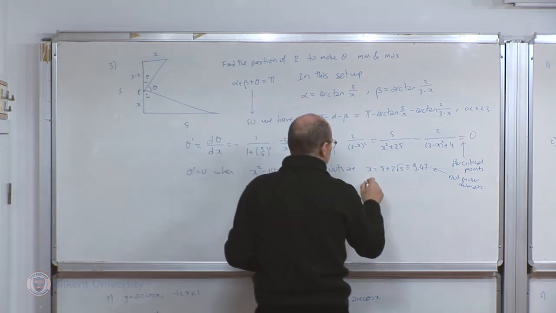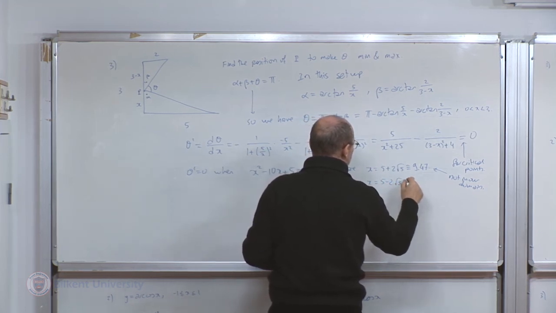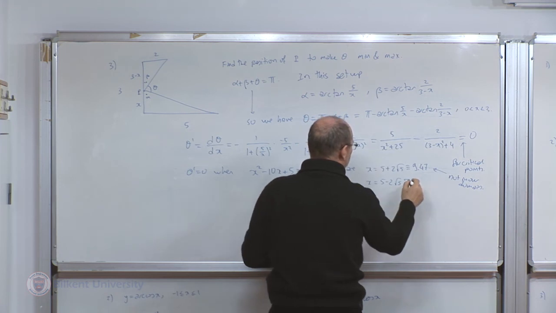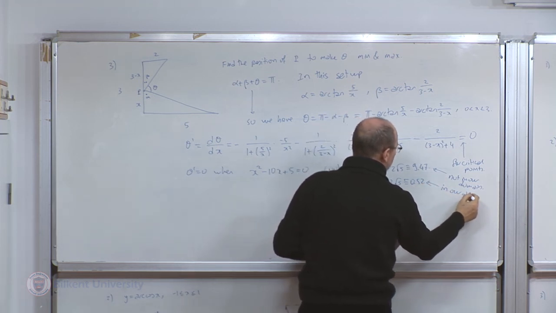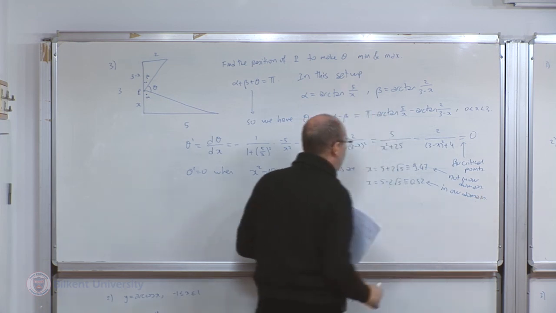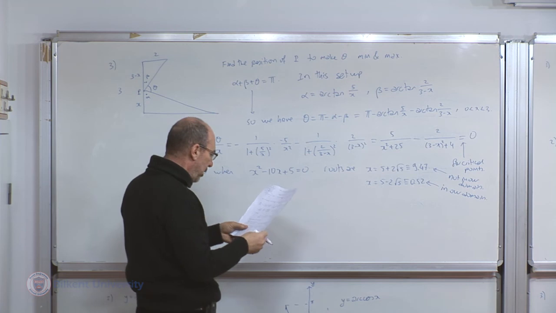The other one is with the minus 1, x equals 5 minus 2 square root 5, which is approximately 0.527, etc. So this is in our domain. So it will be somewhere here. So this is the critical point.